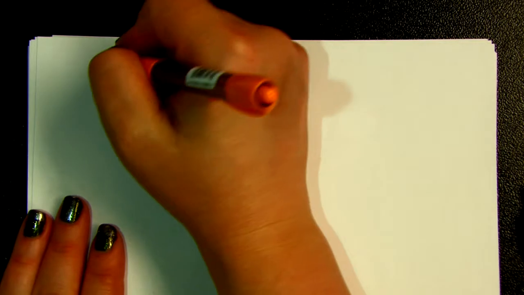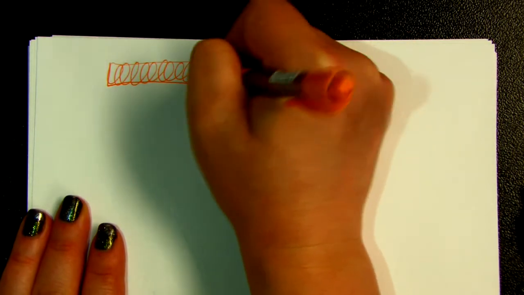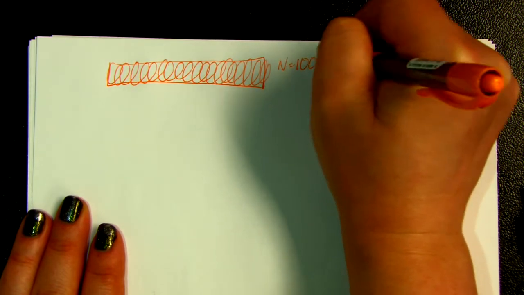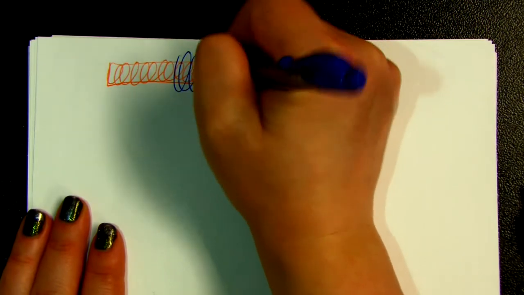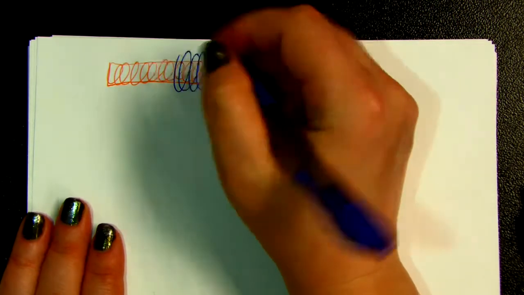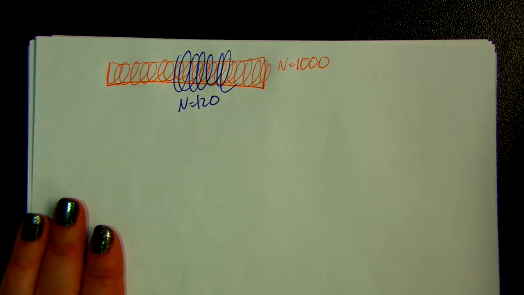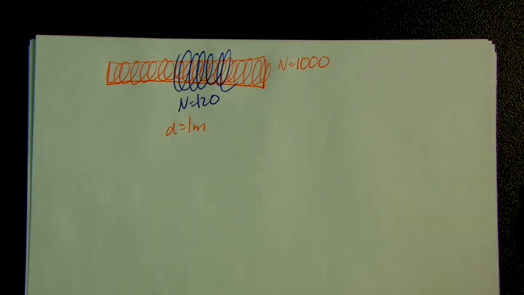So this is what we've got. Here's our original solenoid, N equals 1,000. And then here is the other coil, N equals 120. And then our D is equal to 1 meter.